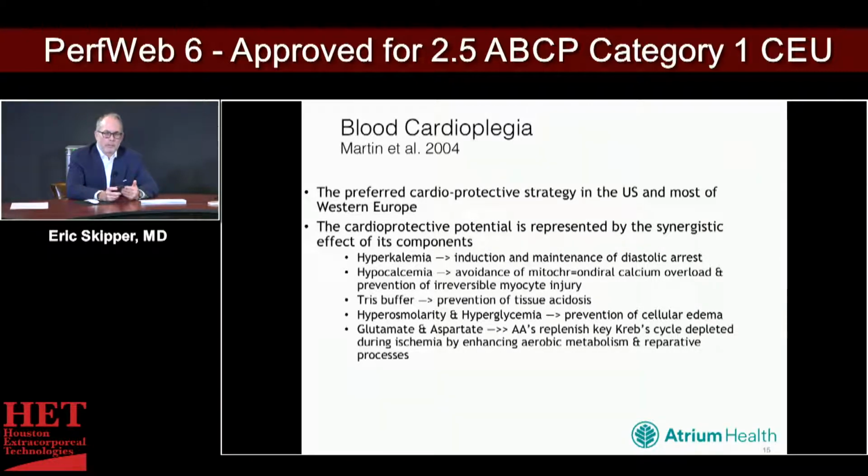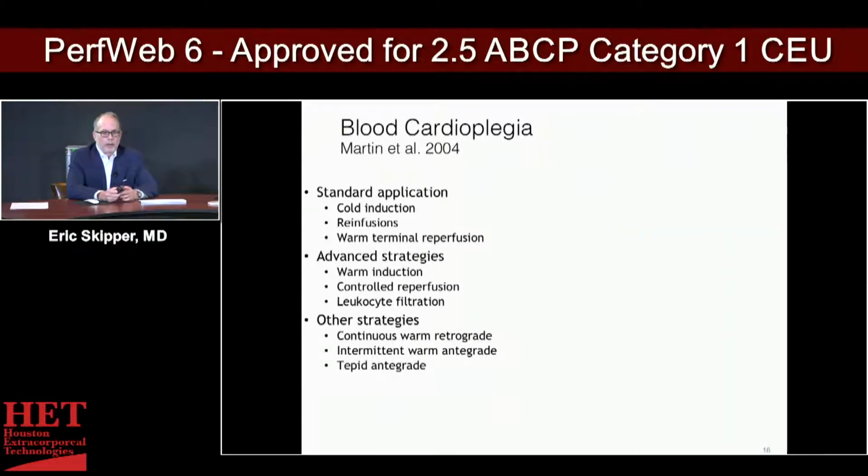This has synergistic components, including hyperkalemia, hypocalcemia, buffering agents, hyperosmolarity and hyperglycemia, as well as glutamine and aspartate to replenish Krebs cycle depleted amino acids during the cardioplegic arrest. Standard application: cold induction, reperfusion or reinfusions at appropriate intervals, and a warm terminal reperfusion in some instances.